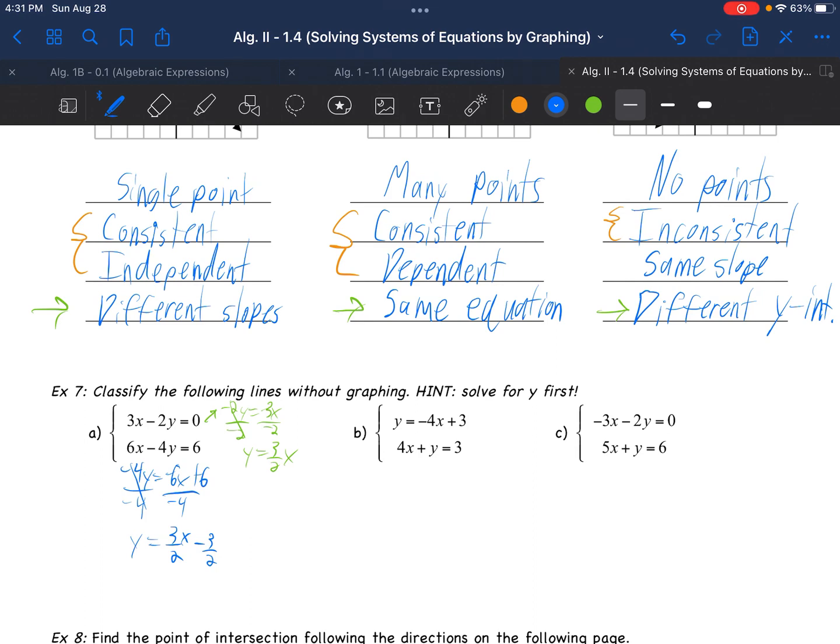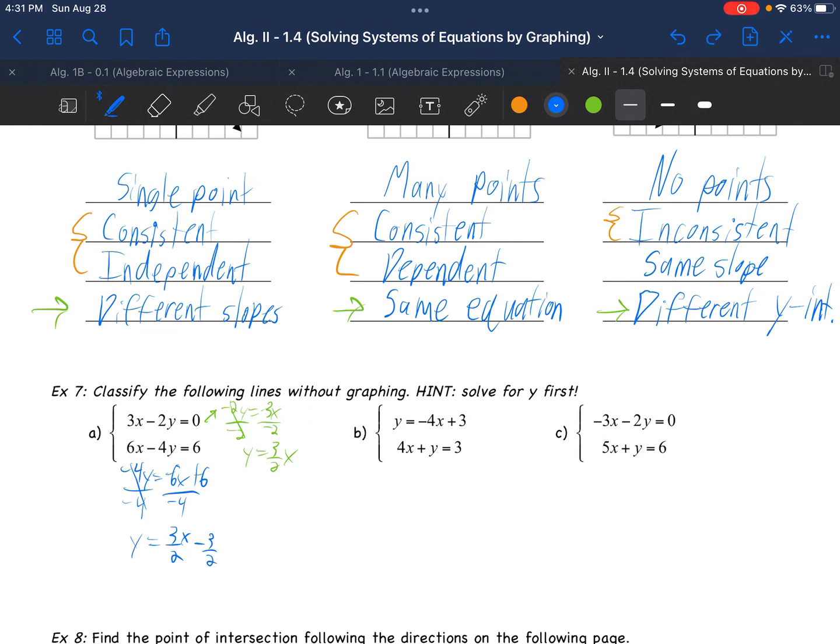So we notice, hey, the slopes are the same, meaning it's either no solution or infinitely many solutions. So then we say, okay, because they have the same slope, which one is it though? Well, we ask, are the y-intercepts different?